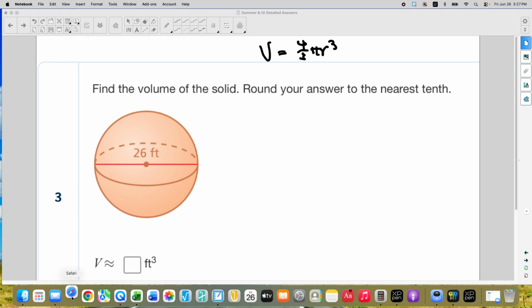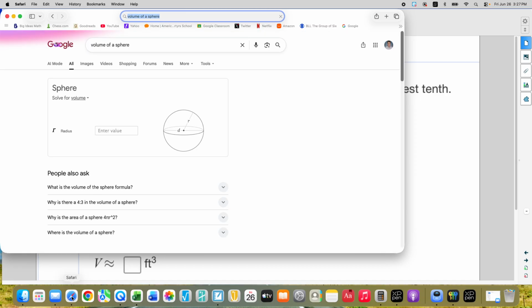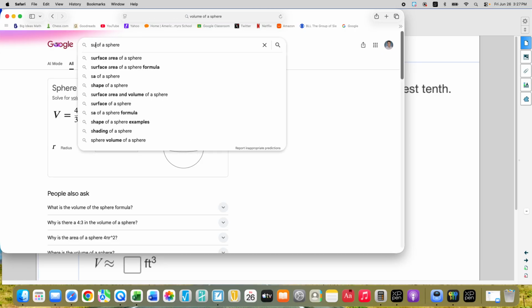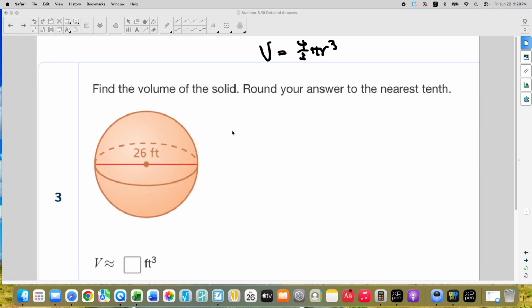Let's take a peek. Volume of a sphere, 4/3 pi r cubed. Surface area, I think, is 3 pi r squared. 4 pi r squared. I should have said 4. That was silly. Okay, so we're good here.